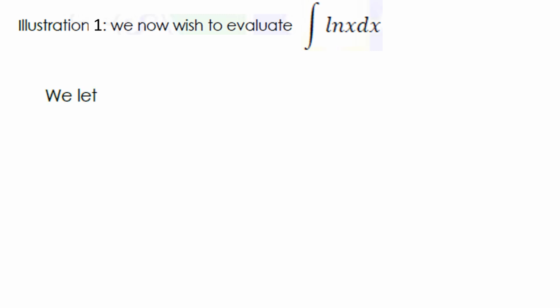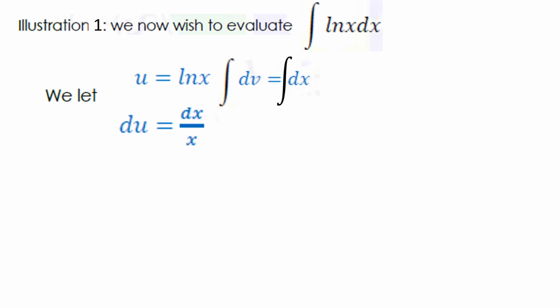If we let u be equivalent to ln x and dv be equivalent to dx, then taking the differential of ln x, that will be dx over x. If we integrate dv equals dx, the term on the left is simply v, and the term on the right will become x. So v is equal to x.